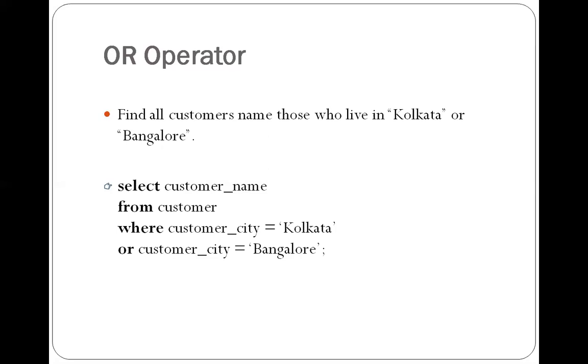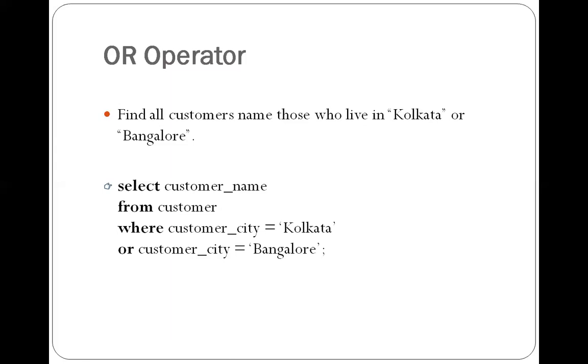Like Kolkata or Bangalore, the customer could live either in Kolkata or in Bangalore. They don't need to live in both the places. A person can't live in both the places simultaneously.